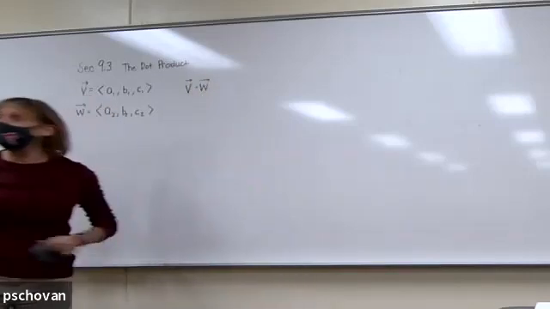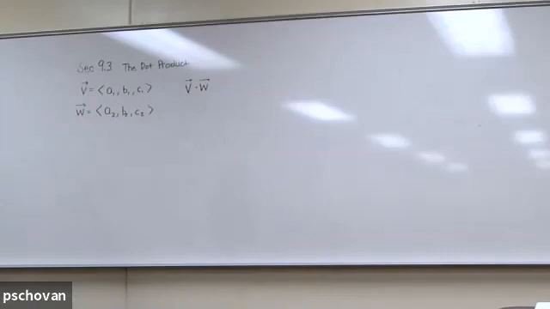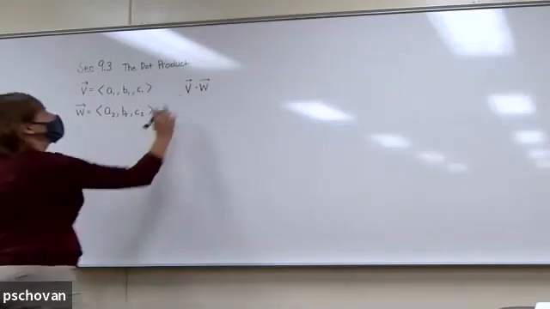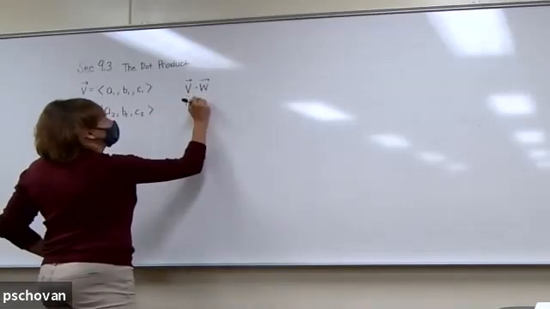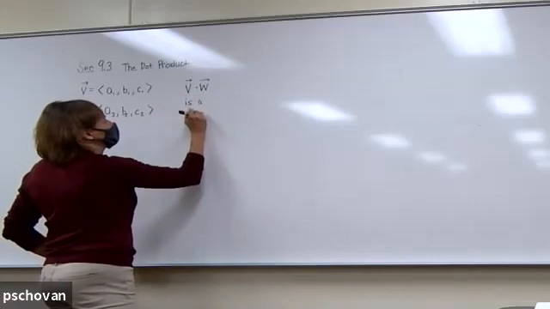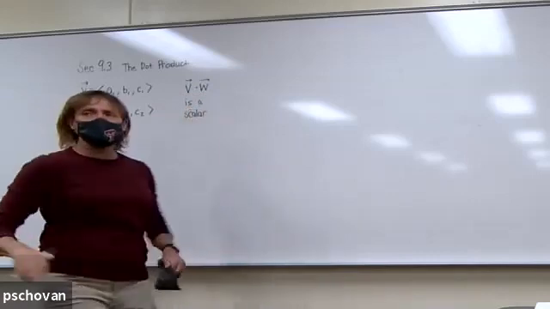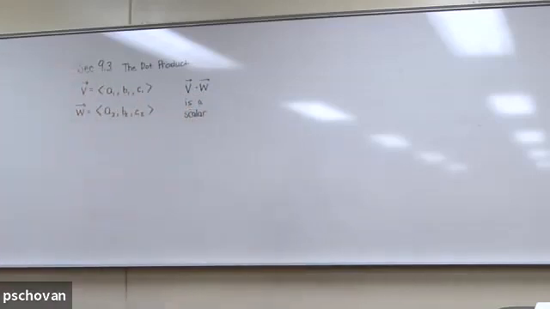And you read it just like that. You say V dot W. V dot W is a scalar. That means it's not living in the pretty little brackets. It's just a regular old number that we get by multiplying component-wise and then adding together.